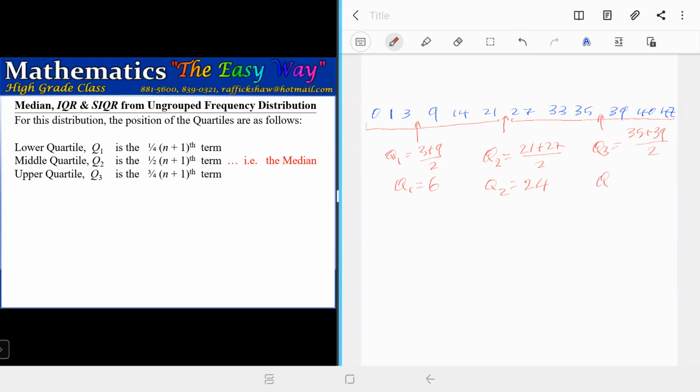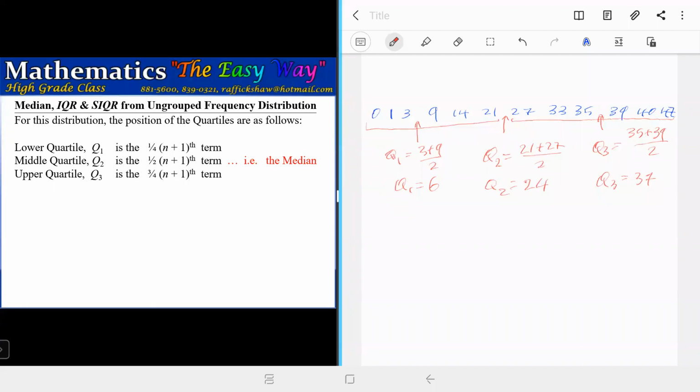So Q3, the upper quartile, would be 37. That's how you find them if you're using a raw data method.